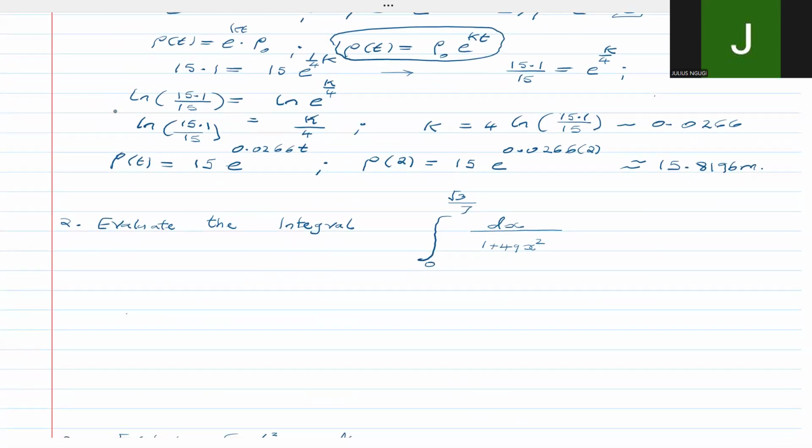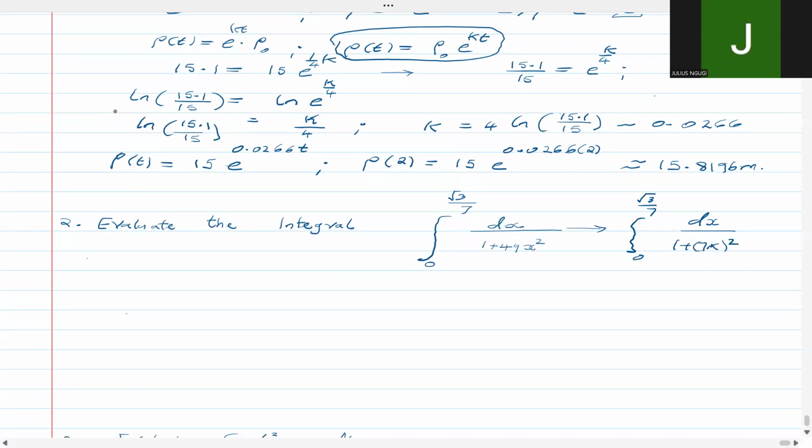Evaluate the integral. So this is the integral of 1 over 1 plus 49x squared, which is the same as the integral from 0 to √3 divided by 7, dx. 49 is 7 squared, so it's 7x squared.